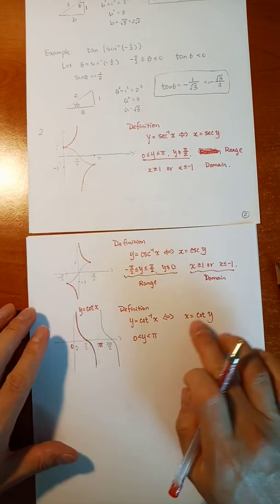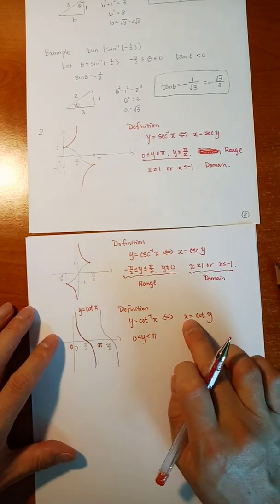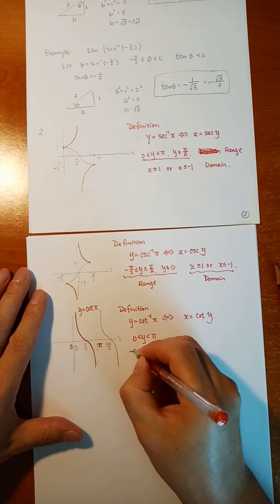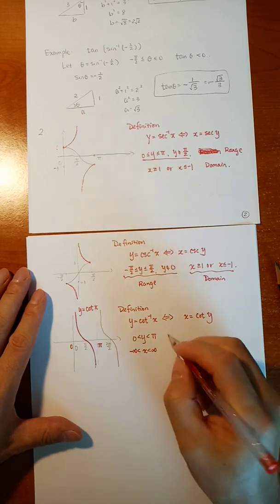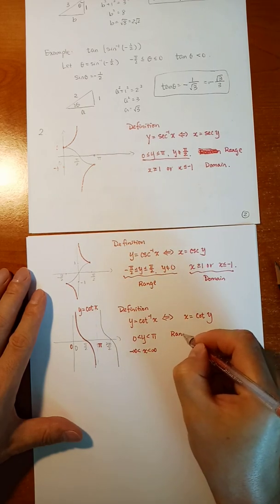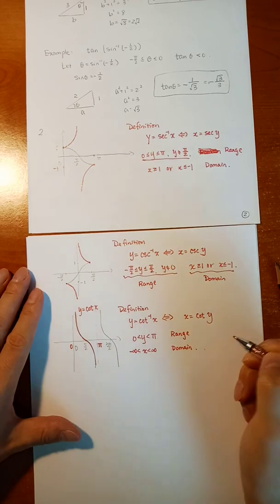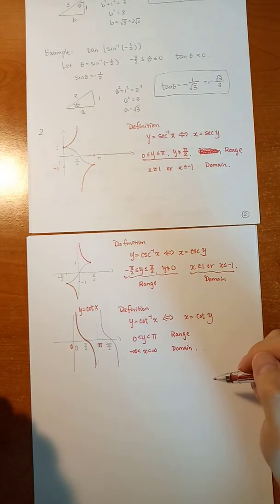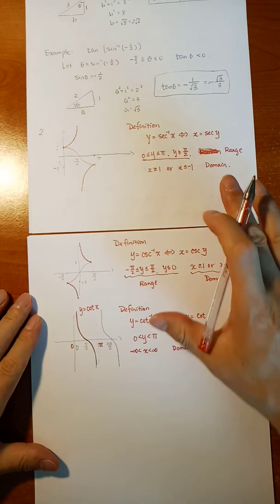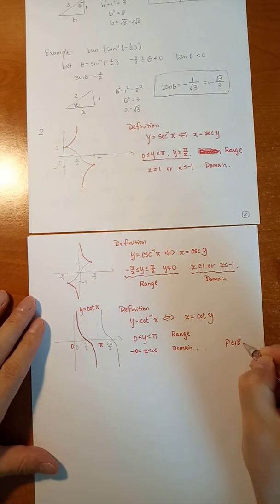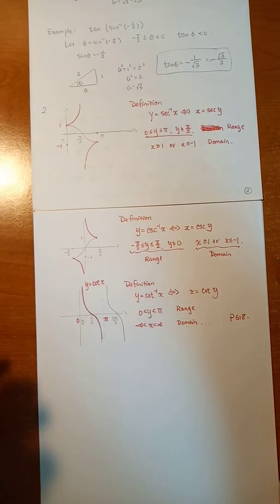And the x here is the domain, so x is greater than negative infinity and less than positive infinity. So y is the range, x is the domain. This is the cotangent inverse. Those three definitions are on page 618. You can check those and get the idea.